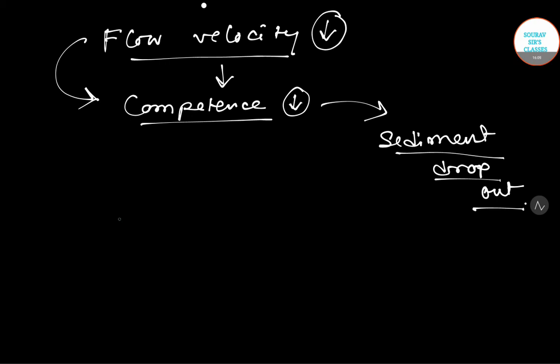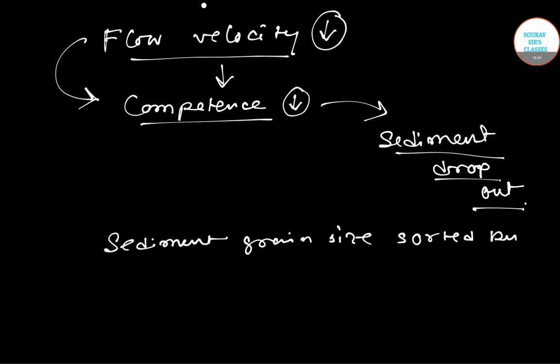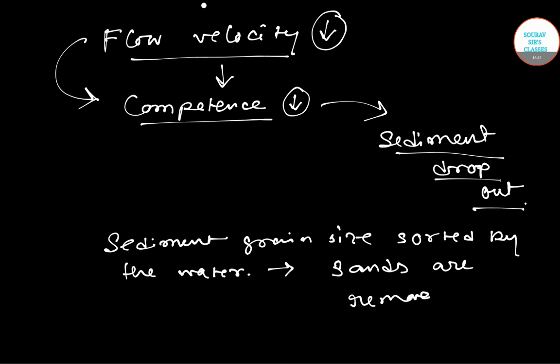Okay, so when the flow velocity is decreasing, competence is also decreasing, the sediment drops out, and the sediment grain size or the rock size is sorted by the water, and sands are removed from the gravels and muds from both.